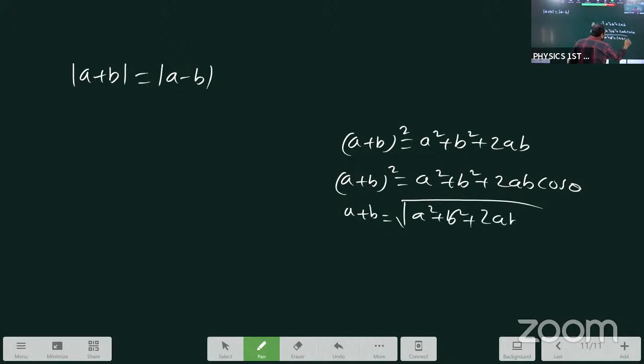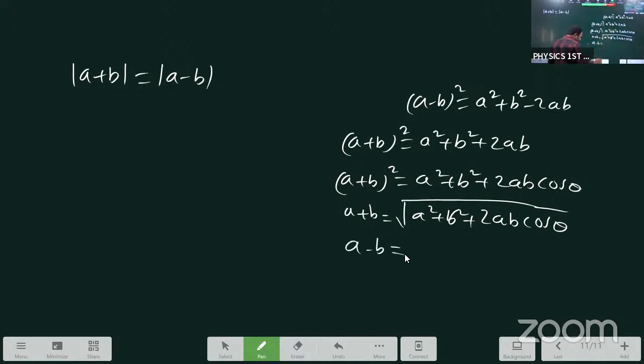Similarly, A minus B whole square means A square plus B square minus 2AB, so modulus of A minus B is the root of A square plus B square minus 2AB cos theta. Why cos theta? Because of vector resolution: the horizontal x-axis component is cos theta, the vertical is sin theta.